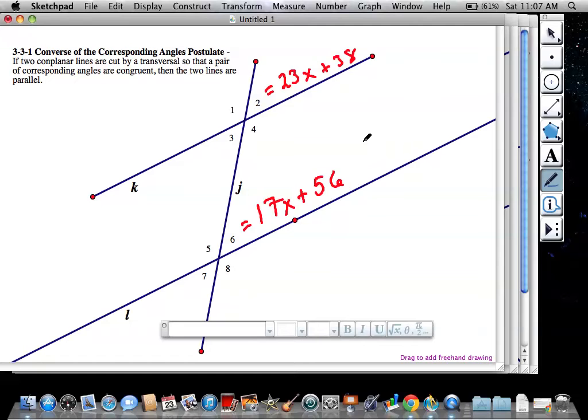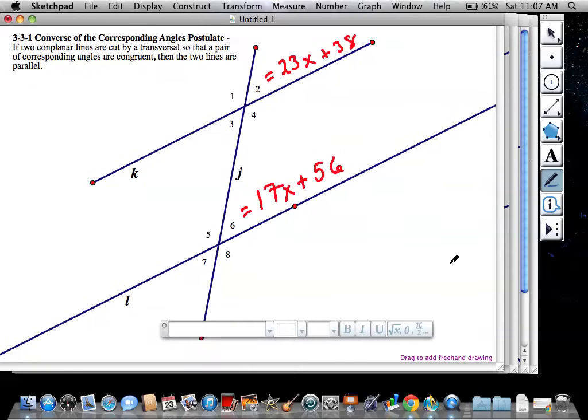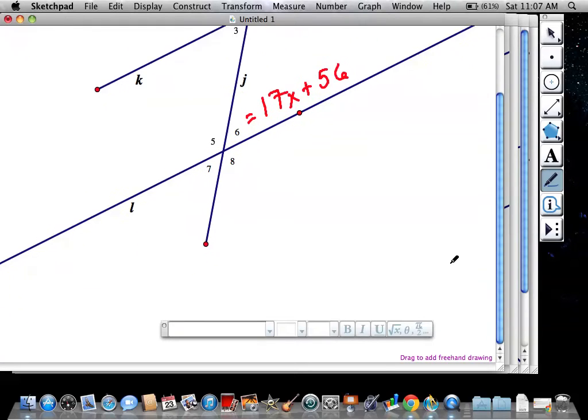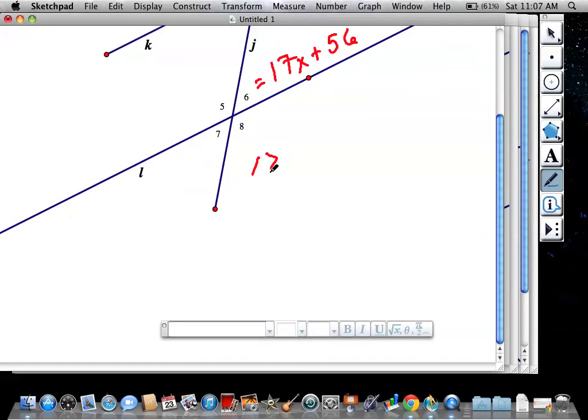By this postulate, in order to prove that K and L are parallel, I have to show that 2 and 6 are congruent. And if they're congruent, that means that if I take their two angle measures and set them equal to each other and then solve for x, I should get a value that when I plug it back in gives me the same angle measure for both.